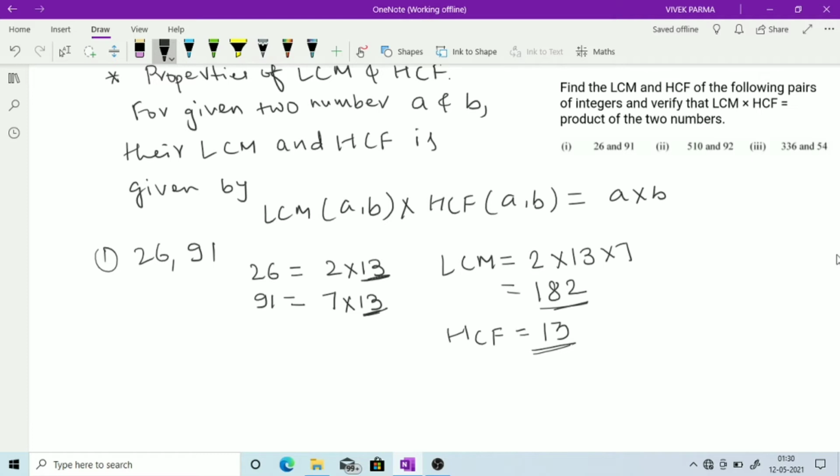Check whether the product of these two numbers is equal to the product of LCM and HCF. Let's see.